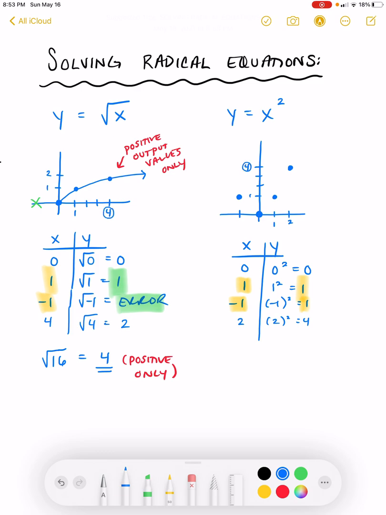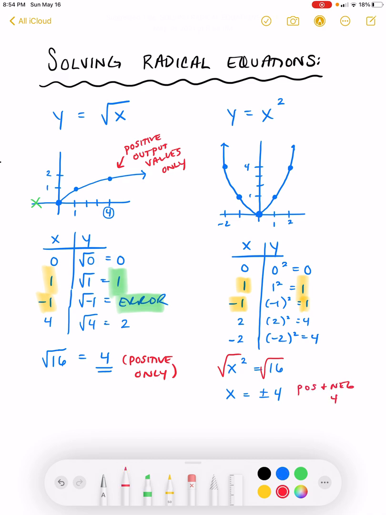That has to do with the fact that these are opposites. But what I want you to see is that when we input negative 2, negative 2 squared is also 4. This is why we get this symmetrical parabola. When we say x squared is equal to 16, and we square root both sides, and we're solving a parabola, that's when we say plus or minus 4, positive and negative 4, okay?